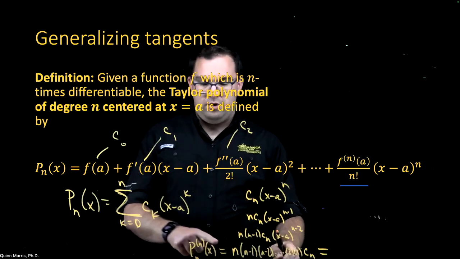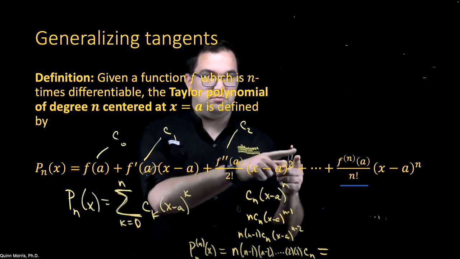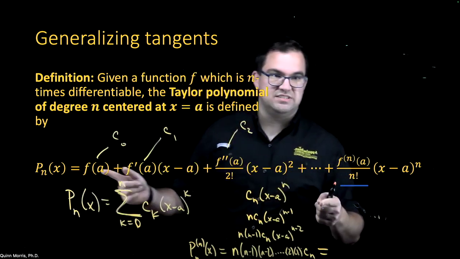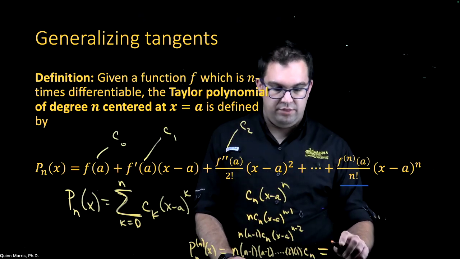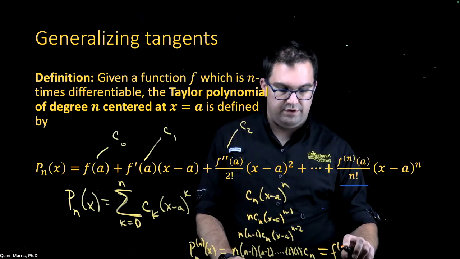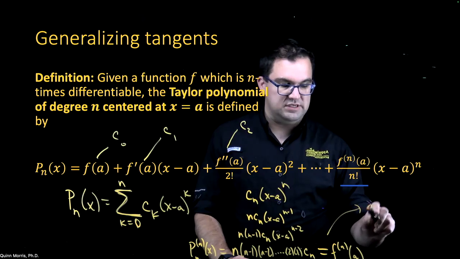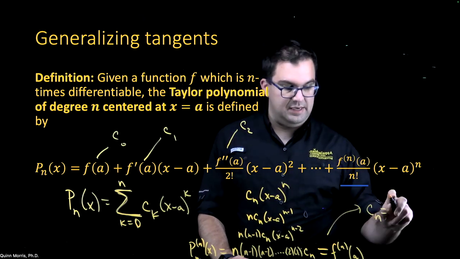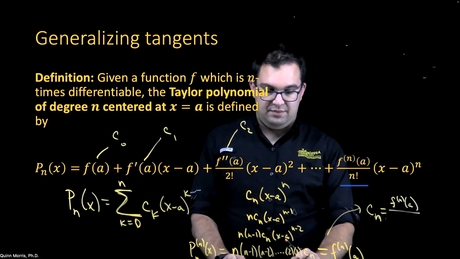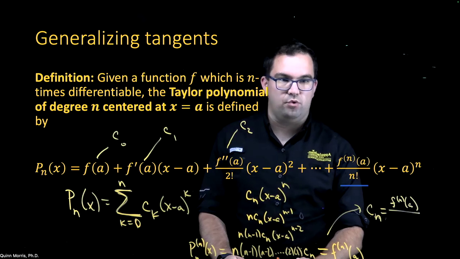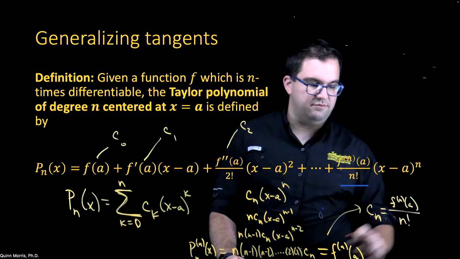Now, you might wonder, how did I get the nth derivative by just looking at the nth term? Again, remember, every term lower than the nth term, its derivative was 0. So this is the only term that survives, and I want that to be equal to the nth derivative of f at a. Now, if I just take this and solve for c sub n, that gives me c sub n is equal to the nth derivative of f at a divided by this whole thing, but this whole thing is really just n factorial. n times n minus 1 times n minus 2 and so on is n factorial.